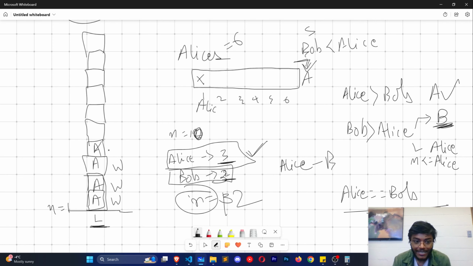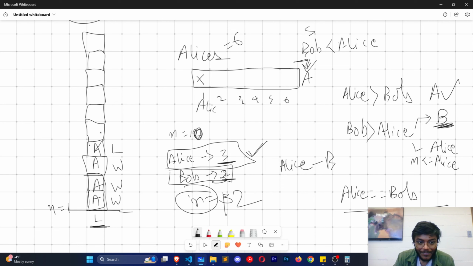And this particular position is a losing position. Why? Because no matter who is standing over here, he can never force the other person to go to the losing position. He can only force the other person to go to a winning position, because if he removes one, he'll be over here. If he removes two, he'll be over here. If he removes three, the other person will be over here, and that is a winning position.